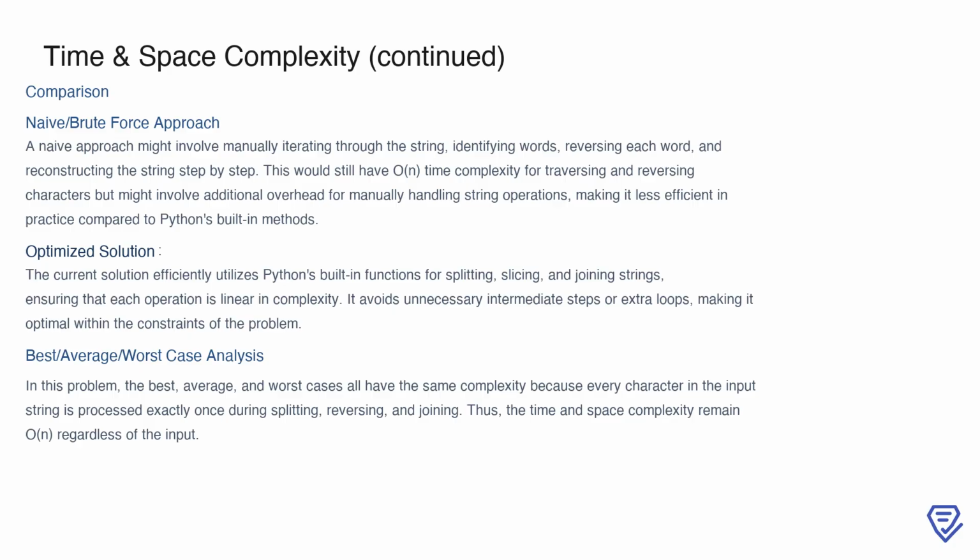In contrast, this solution leverages Python's built-in methods for splitting, slicing, and joining, ensuring that operations are performed efficiently and directly. Additionally, the time and space complexities remain O(n) across all cases, best, average, and worst, because every character in the string is processed exactly once during each phase of the algorithm.